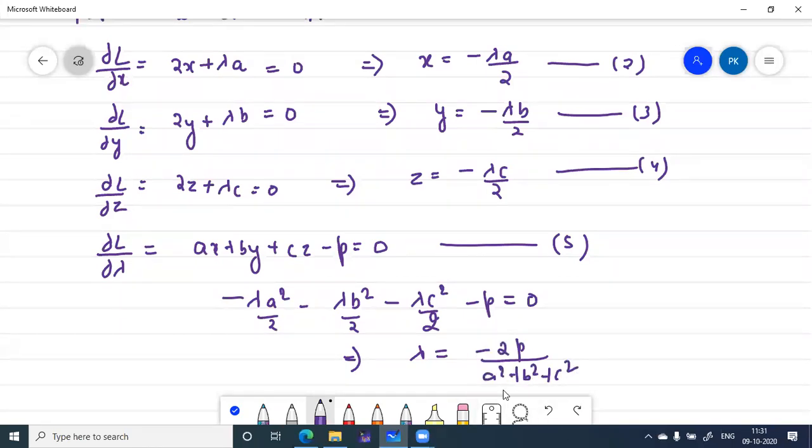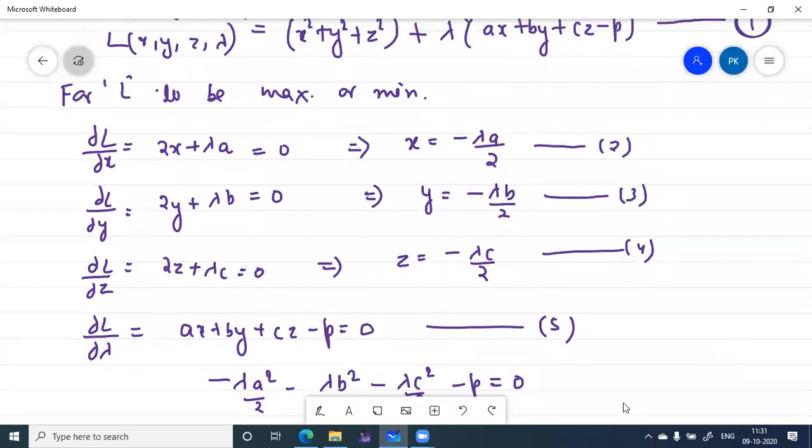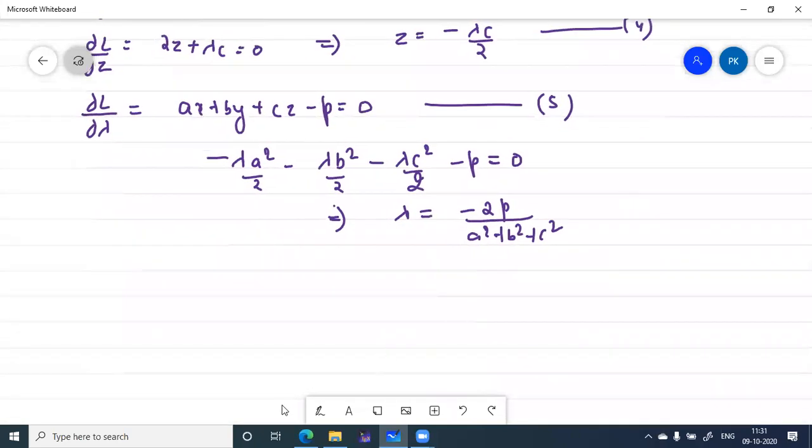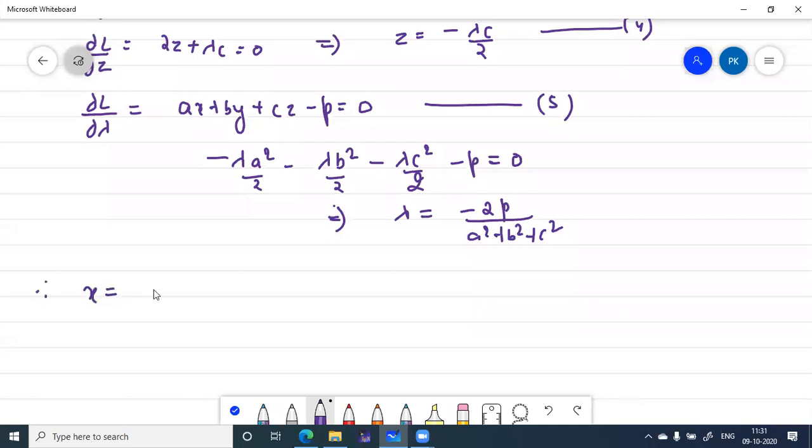So in this way, we can get the value for x, y, and z. X is minus lambda by 2, and lambda is equal to minus 2p by a square plus b square plus c square. So therefore, x is equal to ap by a square plus b square plus c square.